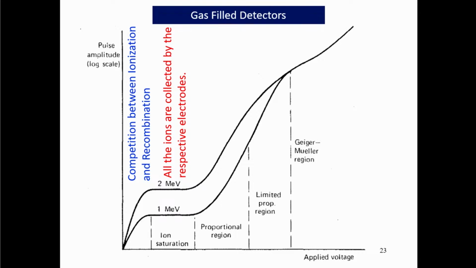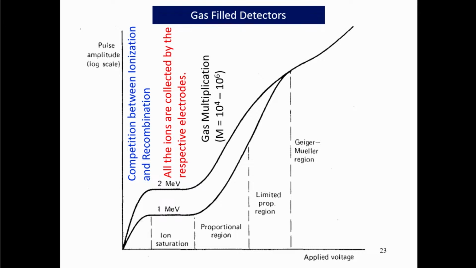Subsequently it can form an avalanche or a chain reaction of ionization, and therefore the pulse amplitude keeps increasing proportionately. Because of this, it is called the proportional region, and in this region the gas multiplication factor can reach up to 10 to the power 4 to 10 to the power 6.